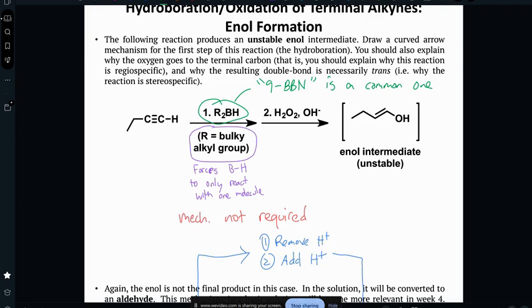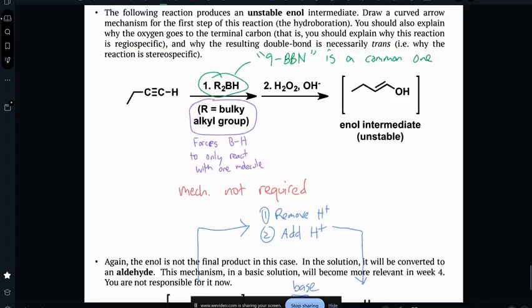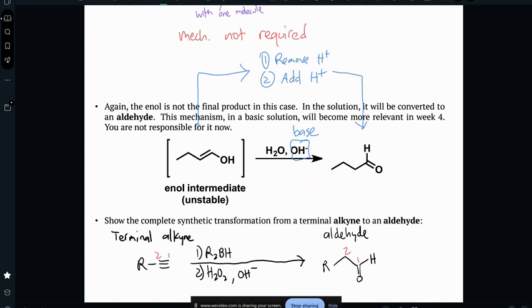It's this bicyclic compound. So if you ever see 9-BBN, that's what it's referring to. So the bottom line is we can take an alkyne and turn it into a ketone or turn it into an aldehyde, depending on our preference. So that's the end of what you need to know.